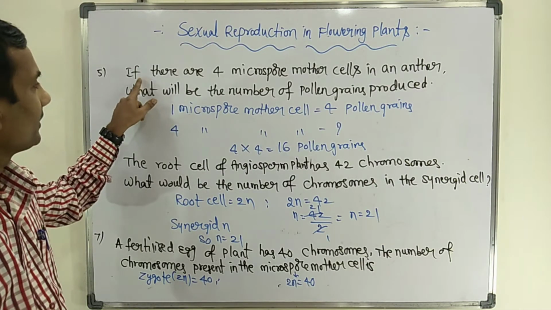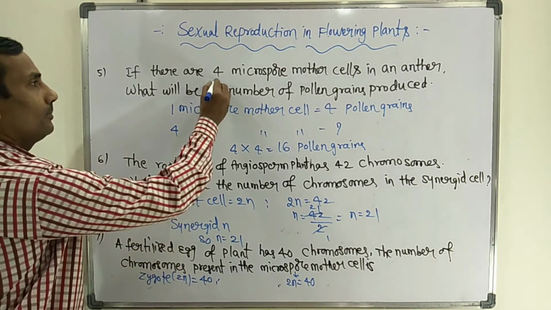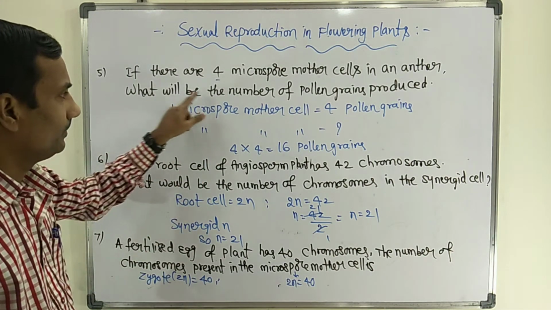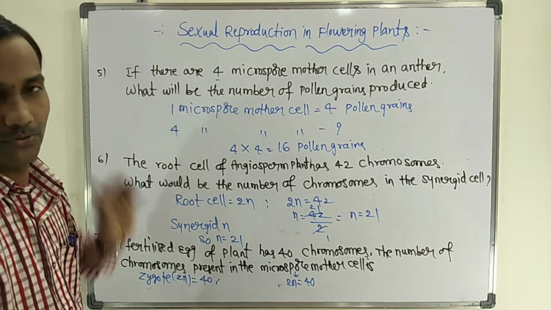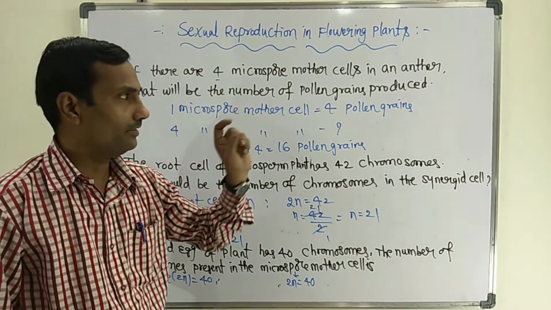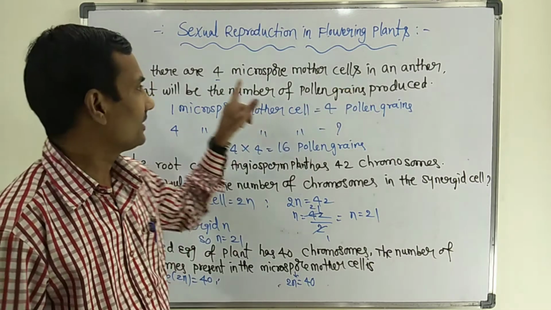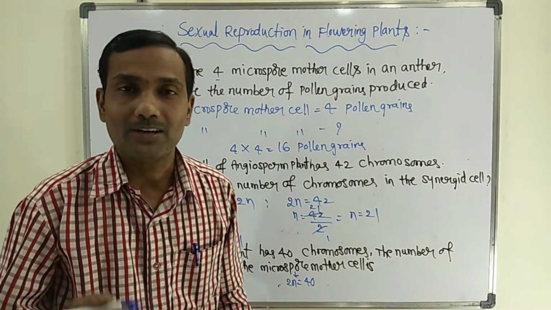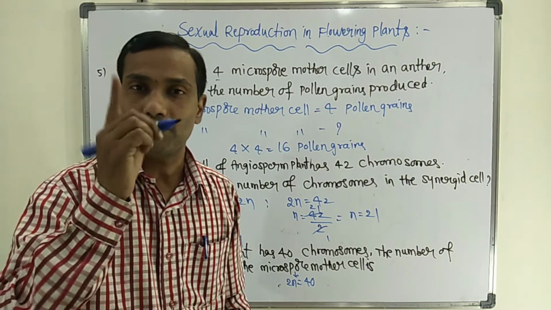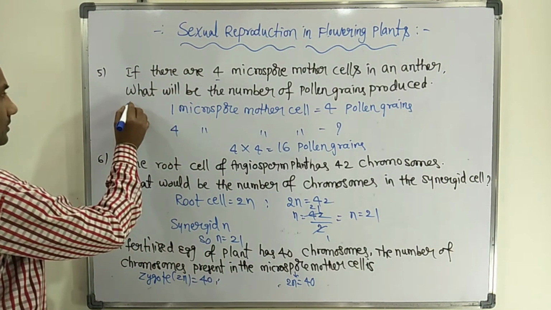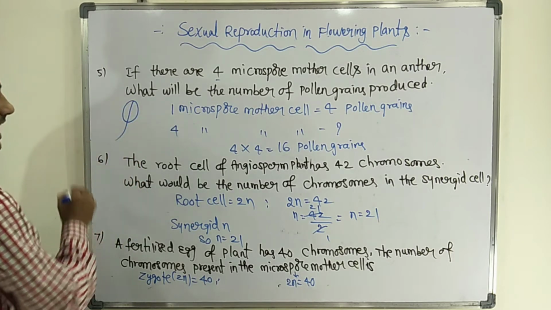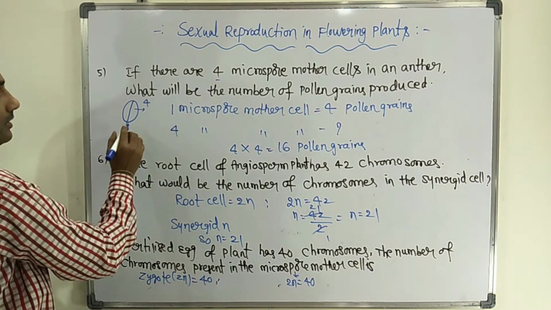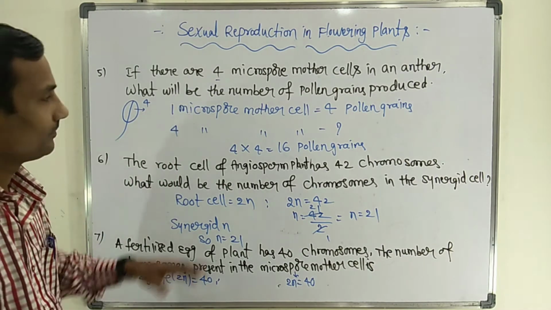Next question: if there are 4 microspore mother cells in an anther, what will be the number of pollen grains produced? It is already given in the question that the anther has 4 microspore mother cells. We need the total number of pollen grains produced from that anther.